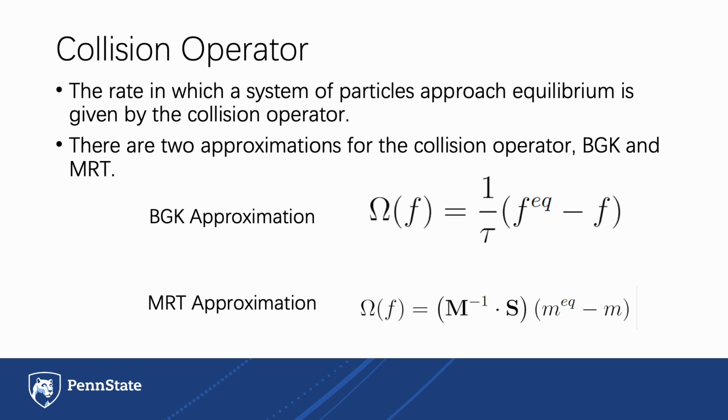One of them is the BGK approximation, which uses one parameter called the collision frequency, or also the inverse, the relaxation time. And there is another approximation that is called multi-relaxation time. The difference is that if we have multiple distributions or multiple ways of describing the system, we can have one relaxation time per description of the system.